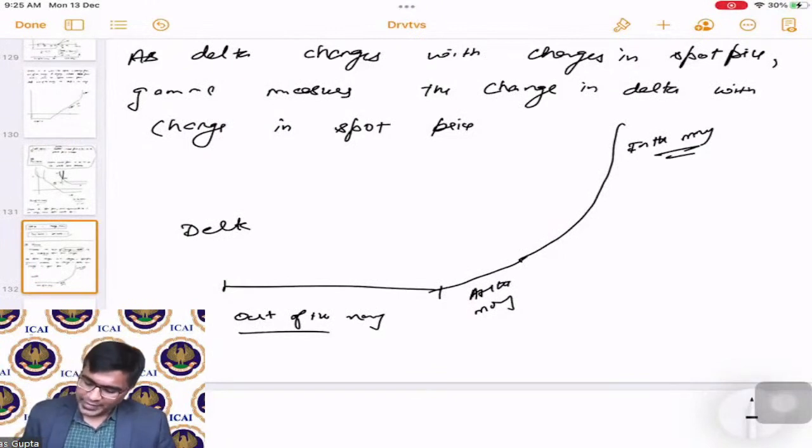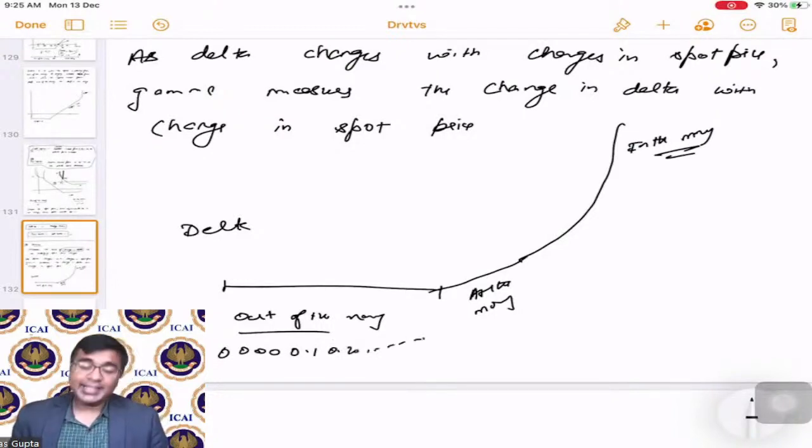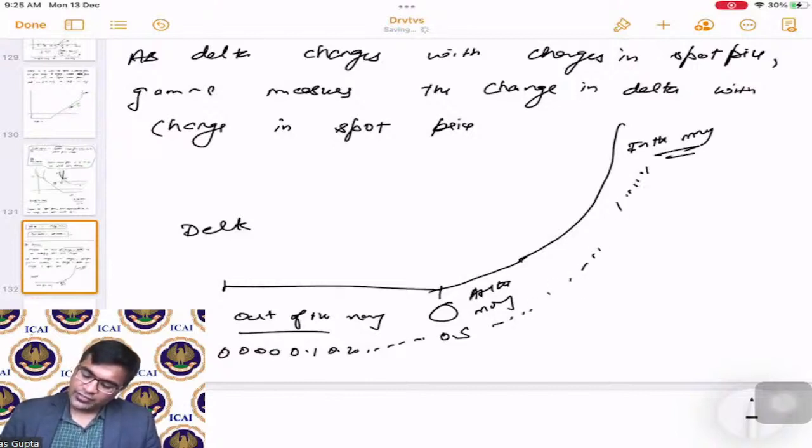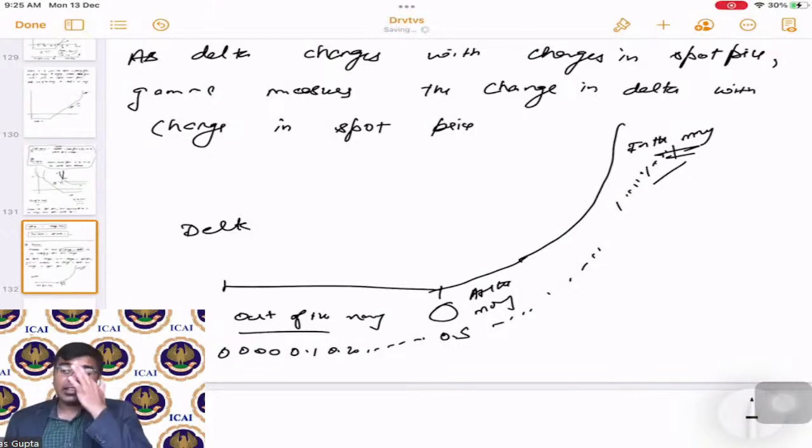Correct? Because out of the money delta will be 0, 0, 0, 0. Then it will become slightly 0.1, 0.2. Slowly it will become. But here, drastically it will change again. If it is at the money, I am talking about delta now, not the value of call or value of put. It will become 0.5, and then slowly 1 will become 1, 1, 1, 1, like this. 1 will remain 1 in the money. Correct?